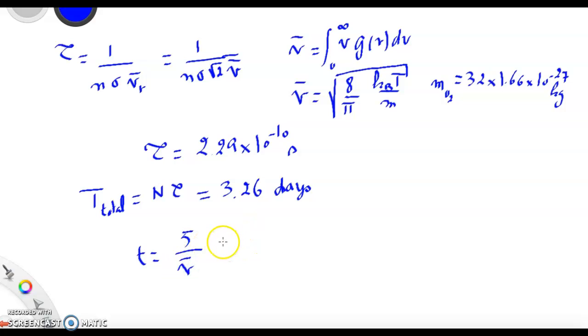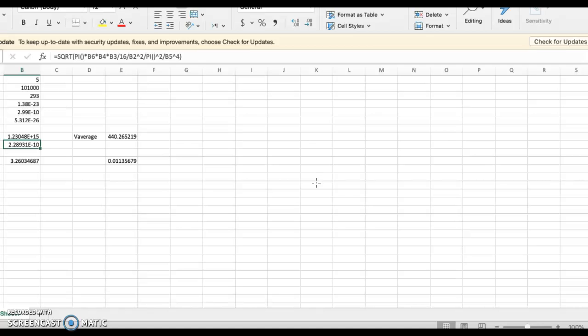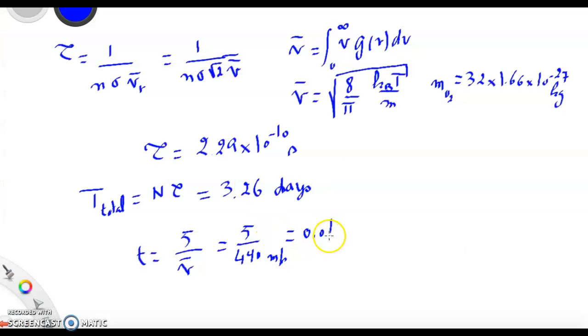If you do the math, V average is about 440 meters per second, and you're going to get something like 0.011 seconds. Now compare these two numbers. That shows you how slow a process diffusion is. It's a very slow process.